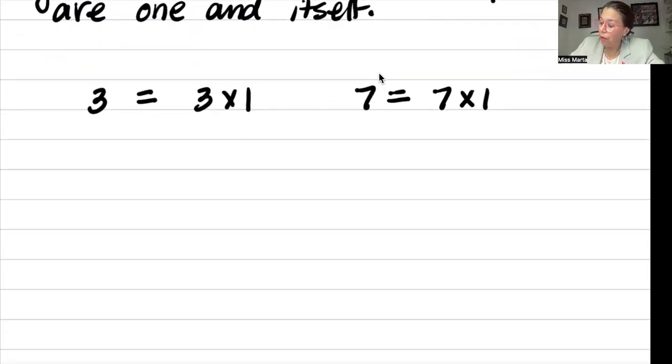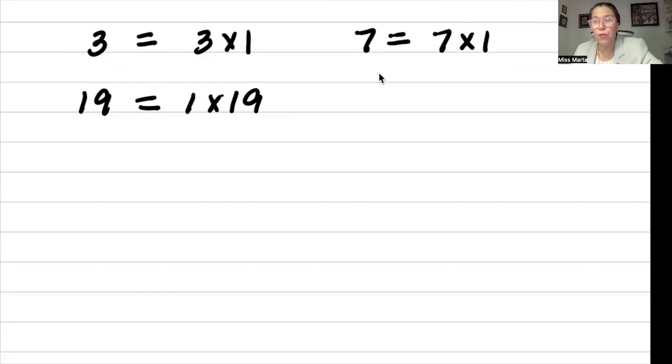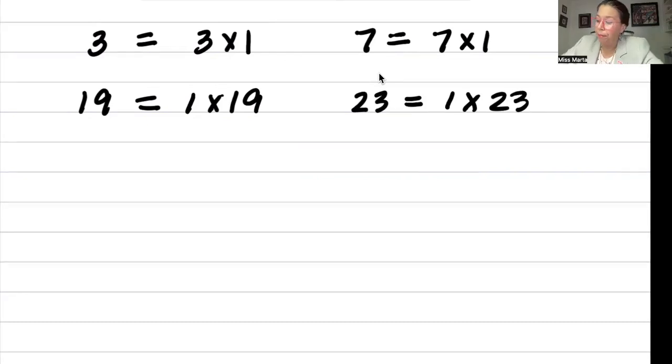And there's lots of them. 19, for example. 19 is 1 times 19. Nothing else but that. All right, so let me lift this up a bit here. You'll catch me editing my page, guys, which is kind of nice for you. Let's do one more. Let's do 23. 23 equals 1 times 23. No other factors can multiply to give you 23.